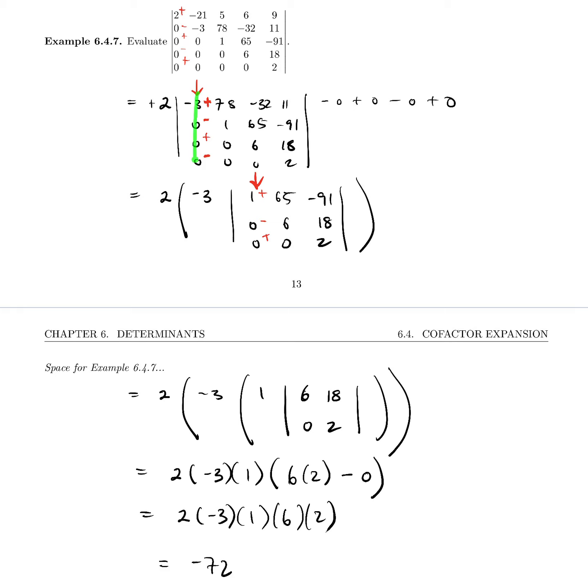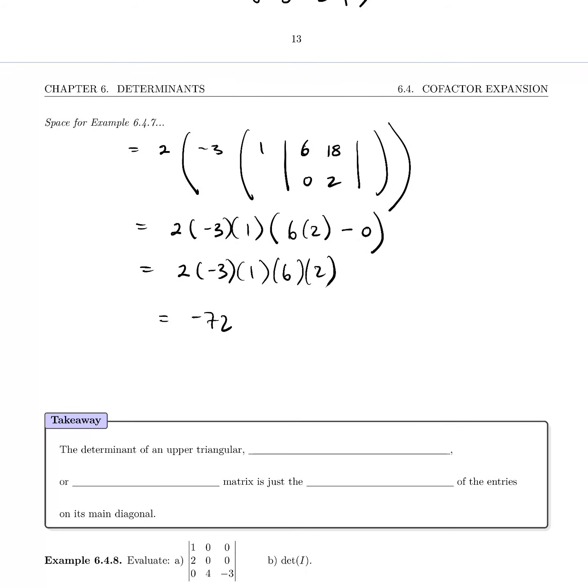And that will always be the case because whenever we have a matrix of this form, an upper triangular form, we can always imagine expanding down the first column every time and having this pattern develop. And so that is the takeaway here, the determinant of an upper triangular matrix.